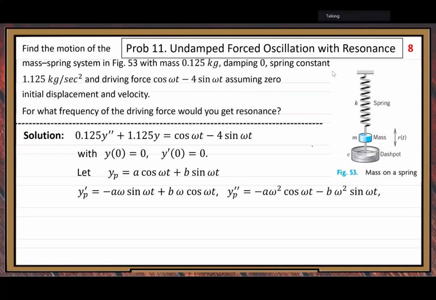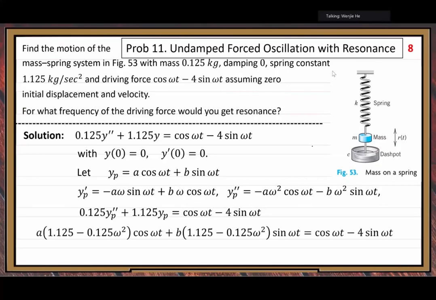In our original equation we do not use the first derivative, so we only use the second derivative. Then plug in the original equation, and after some simplification, little a and little b are to be determined.